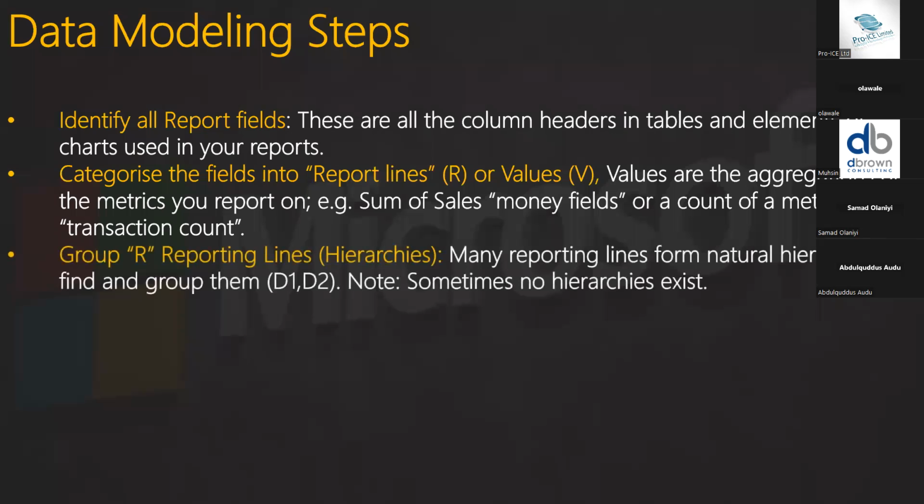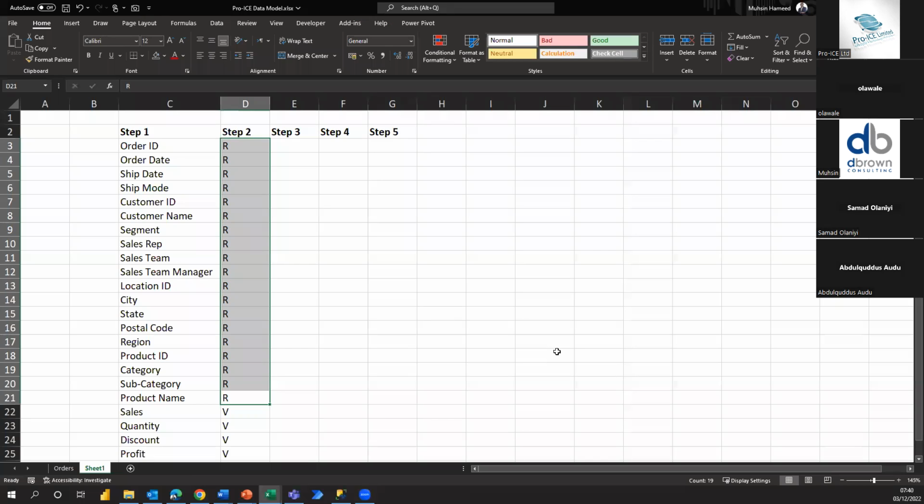Step number 3 is we now work on the R's. On this step, we are ignoring the V's. For the R's, we will now group them into natural hierarchies. We group together those things that are related. What this means is that when we look at some of these columns, the items here are related. I'll give a quick example.